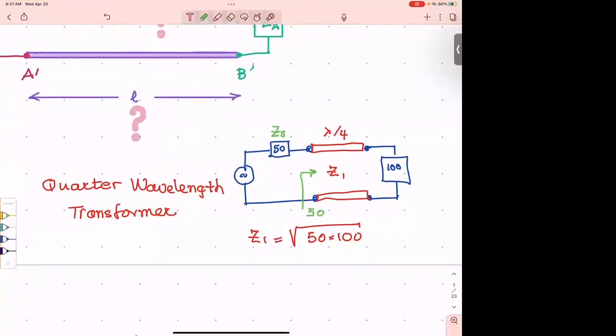All right, so the quarter wavelength transformer is this one, just to remind you. It's a section of line that connects 100 to 50 ohms. Now, if you need longer than a quarter of a wavelength, then you add multiples of this.